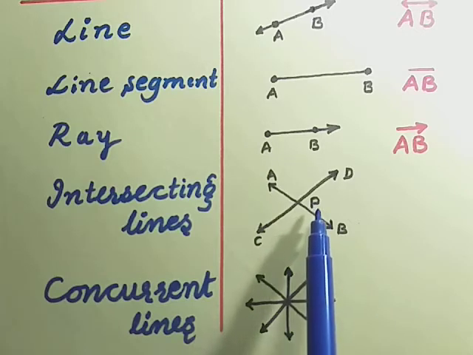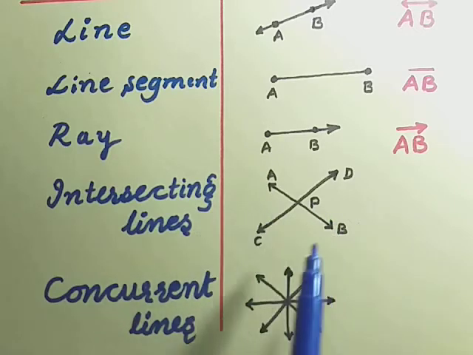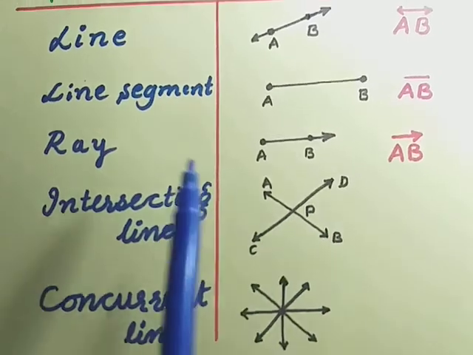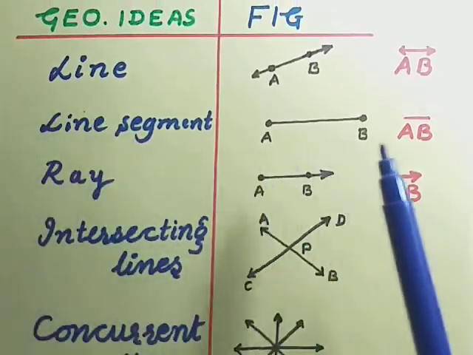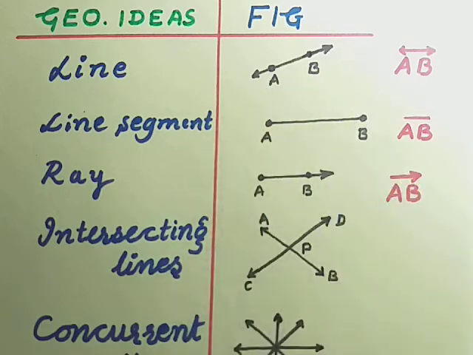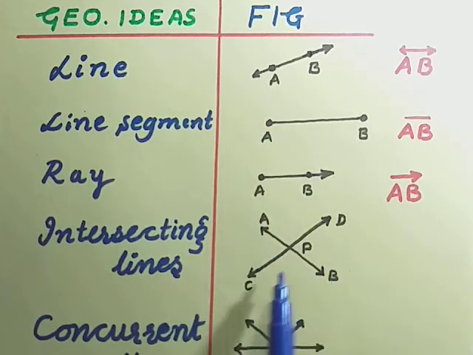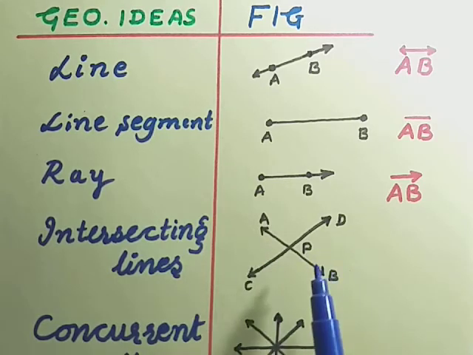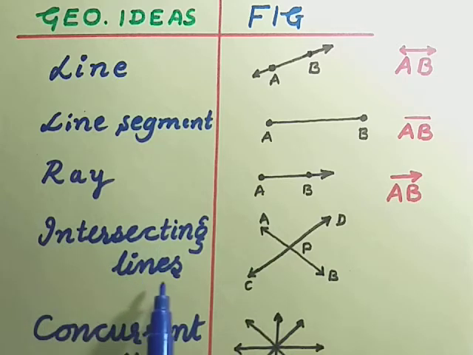P is called the point of intersection. AB and CD are two lines. Remember, lines have arrows on both the sides. Similarly, AB and CD have arrows on both the sides, and hence they are to be called lines. That is why the word intersecting lines.